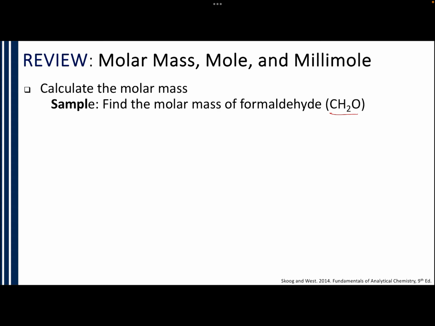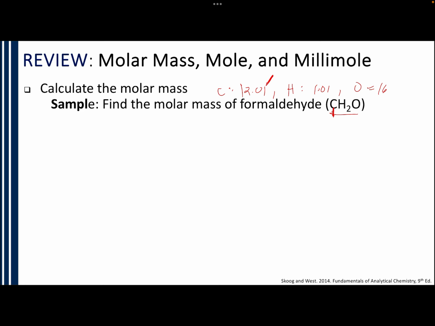So using your periodic table, get the atomic weights. So for C, for example, it is 12.01. And then for hydrogen, we have 1.01. And then oxygen is 16. And then to calculate the molar mass, we will multiply the atomic mass by the number of atoms present in the chemical compound.